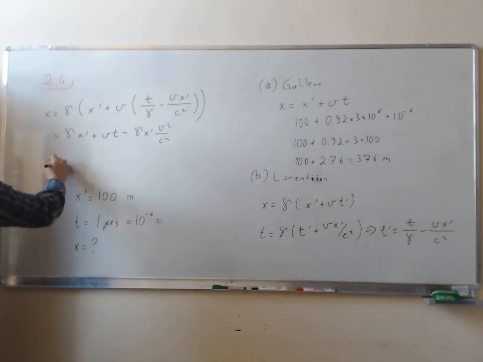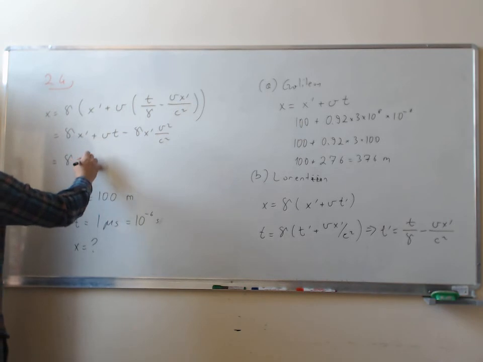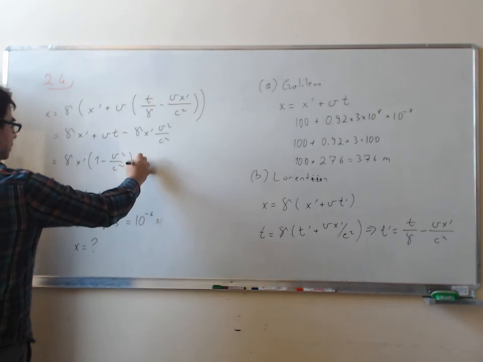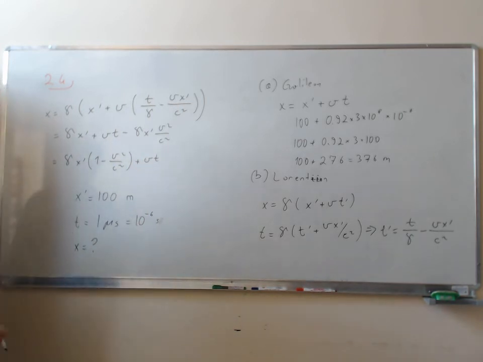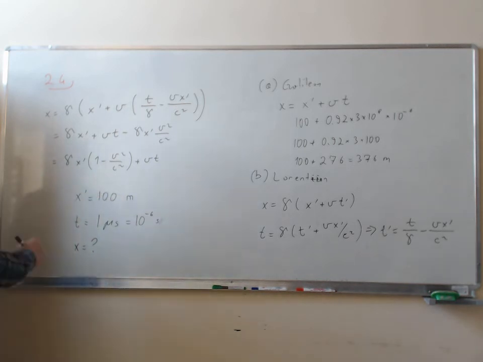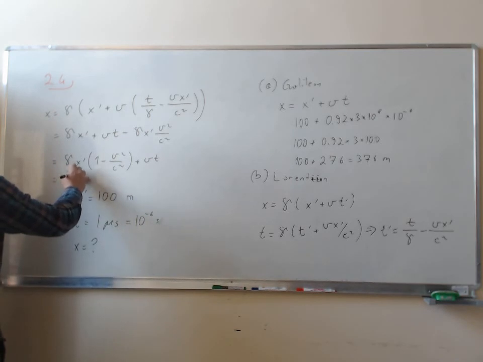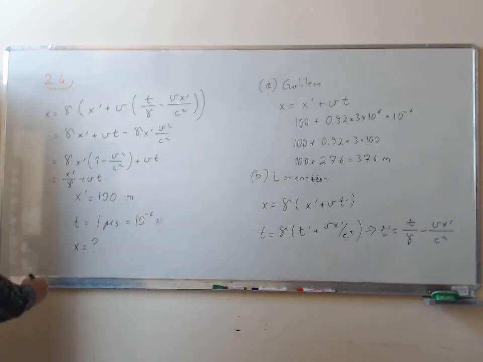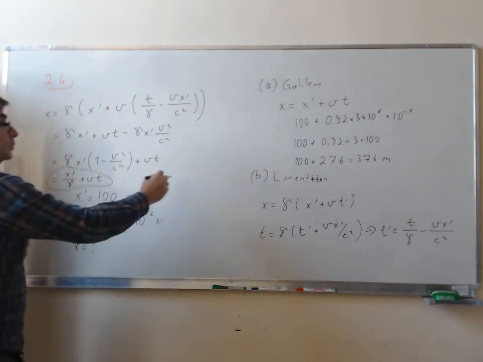Okay? So I can do this: gamma x prime times 1 minus v square by c square, plus vt, and this gamma is 1 over the square root of 1 minus v square by c square, so that partially cancels this one. This is going to be x prime by gamma plus vt. Right, so compare this to this.